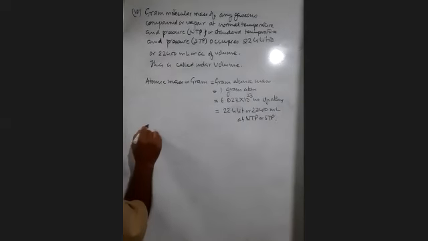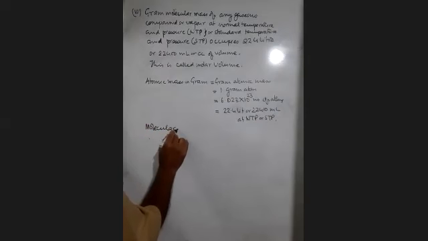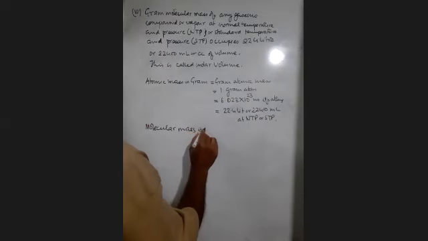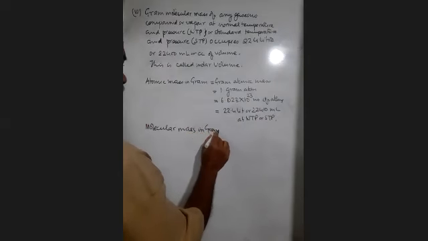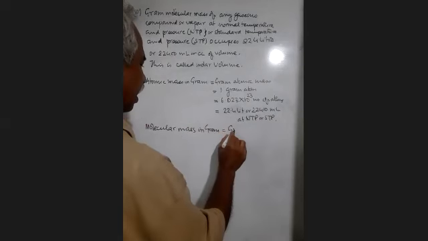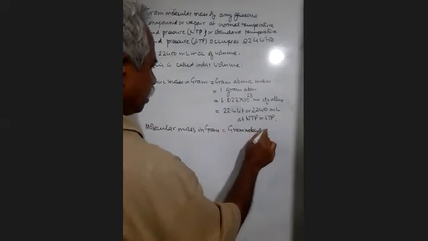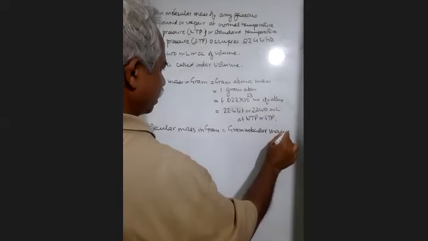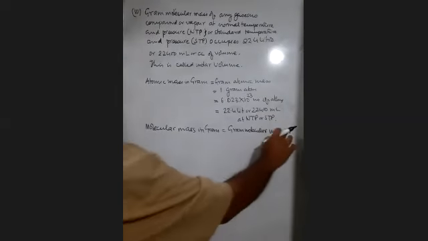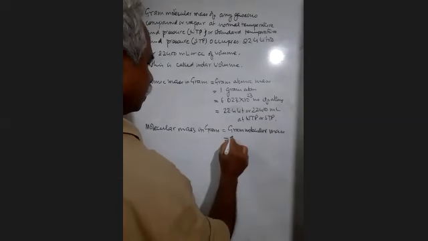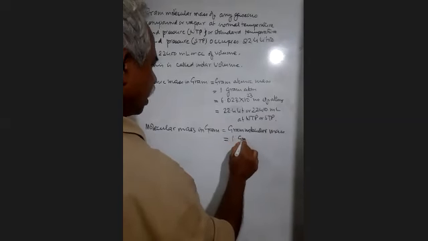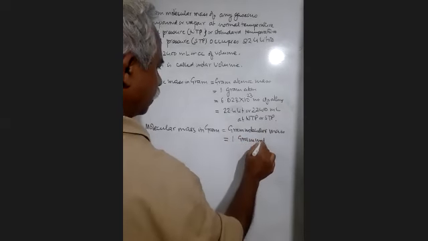Okay, now I'll go for the next one. Molecular mass in gram, what do you call it? Gram molecular mass, equal to 1 gram mole.